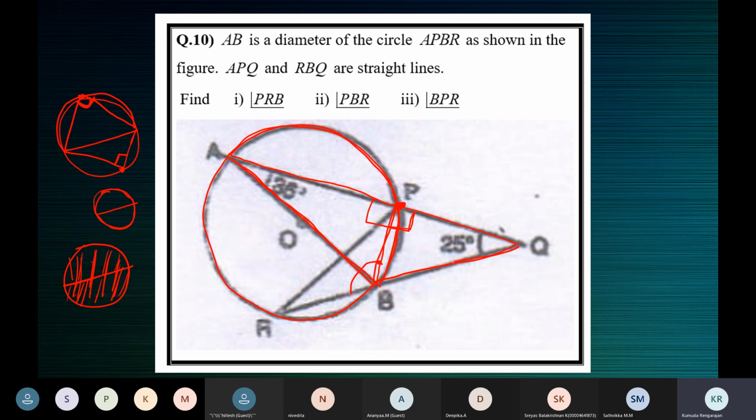This is the side QB which is produced, and the exterior angle is formed. This angle is equal to the sum of the two interior opposite angles, 90 plus 25. So angle PBR is equal to 90 plus 25, 115 degrees. Next, we have to find angle BPR.